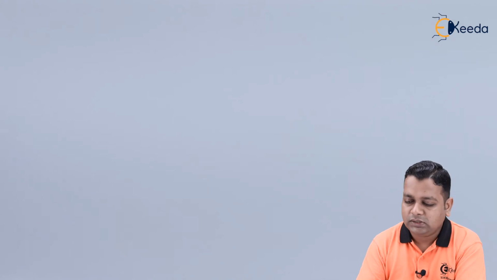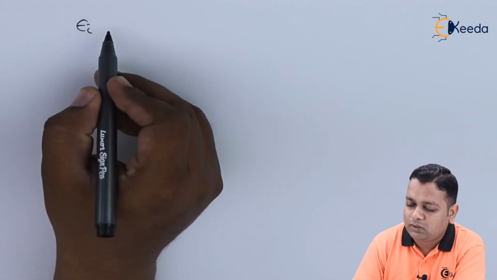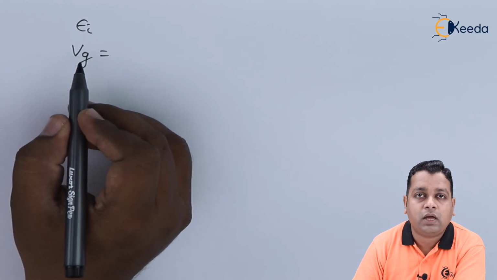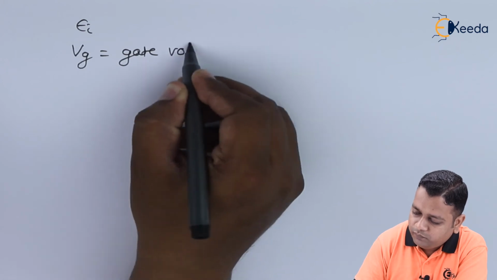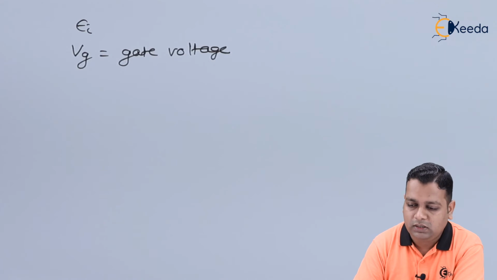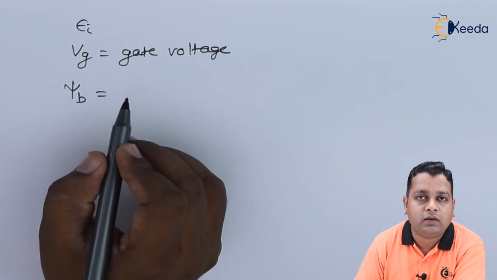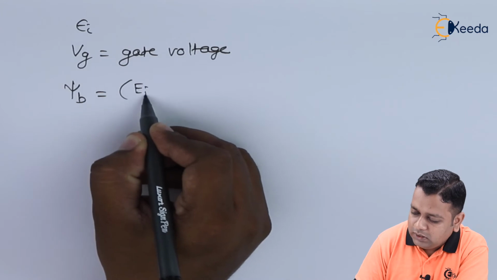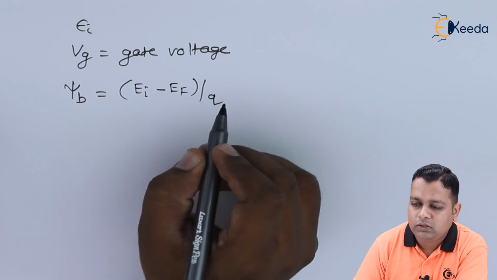So after this capacitance, where epsilon suffix I is the insulator permittivity or the dielectric constant, you can say, we have the parameter capital V suffix G, which is nothing but the gate voltage that is responsible for the production of the drain current here. Now we also have psi suffix B at places in the RHS here, which is computed as capital E suffix I minus capital E suffix F divided by Q here.